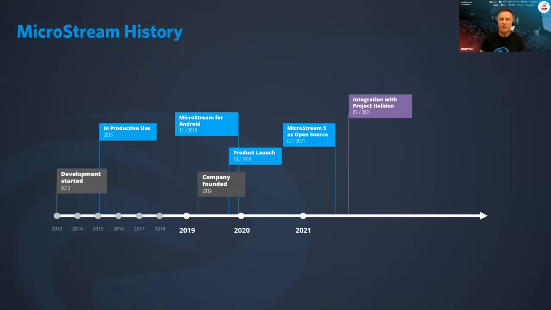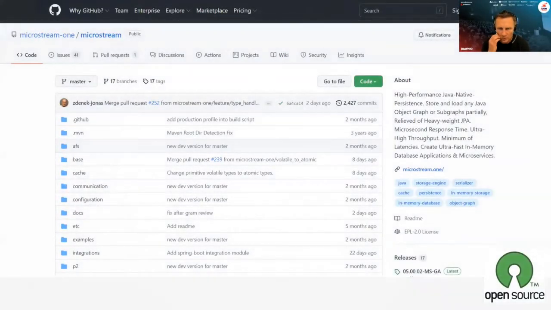We were so successful, and it was so incredibly fast, that we decided to build a product based on MicroStream. Some years later, in 2019, we founded the company, and now we have open sourced MicroStream. You can now download MicroStream from GitHub, check it out, fork it, and see if MicroStream can help you.